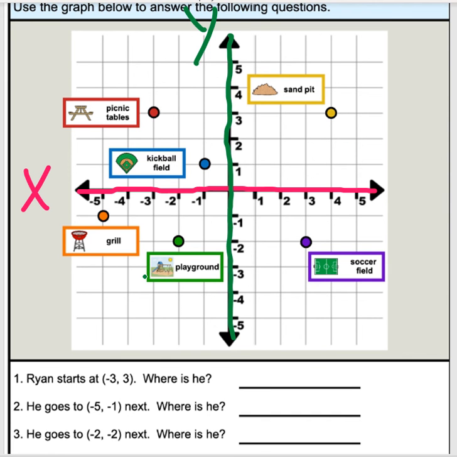When we look at our coordinates, I'm going to highlight what a coordinate is. The 2 numbers in parentheses. In your coordinate, the x-axis number is first, and the y-axis number is second. So let's go ahead and color code first.